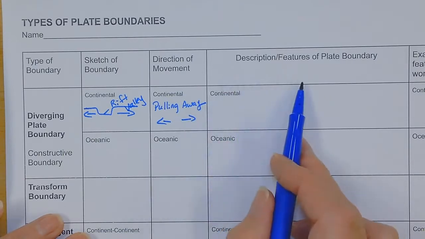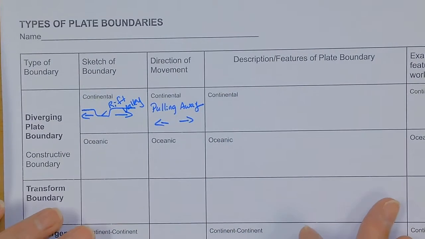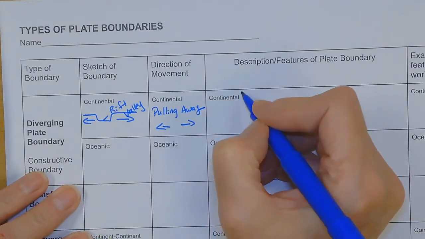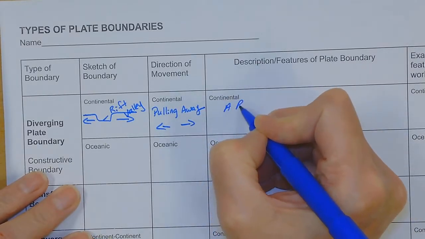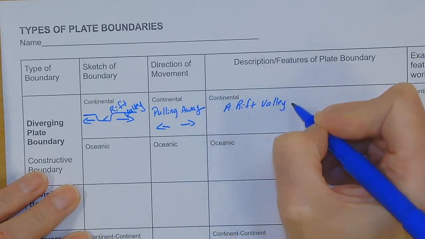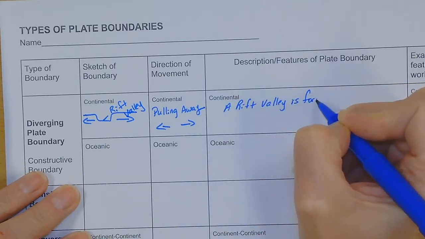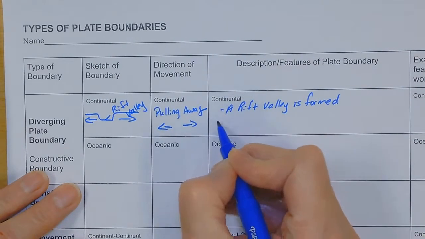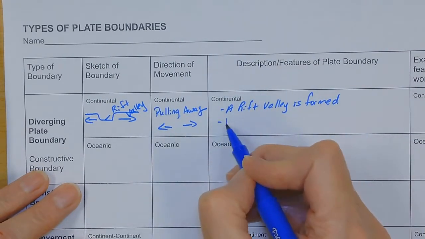Okay, description, features of plate boundary. In continental crust, you would say a Rift Valley is formed. Different features, you have volcanoes.